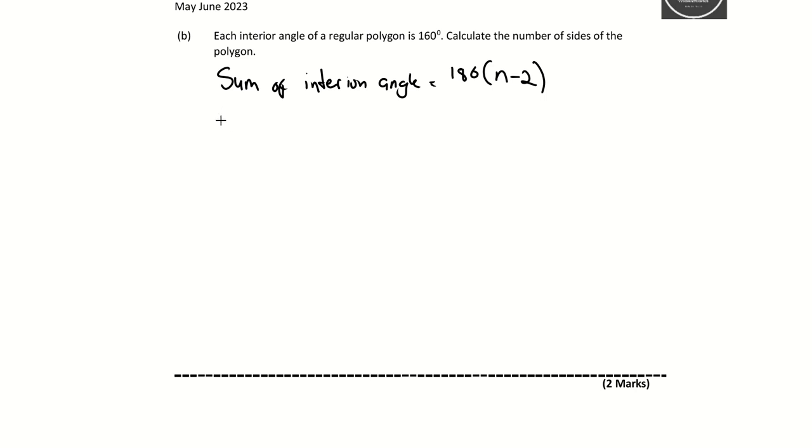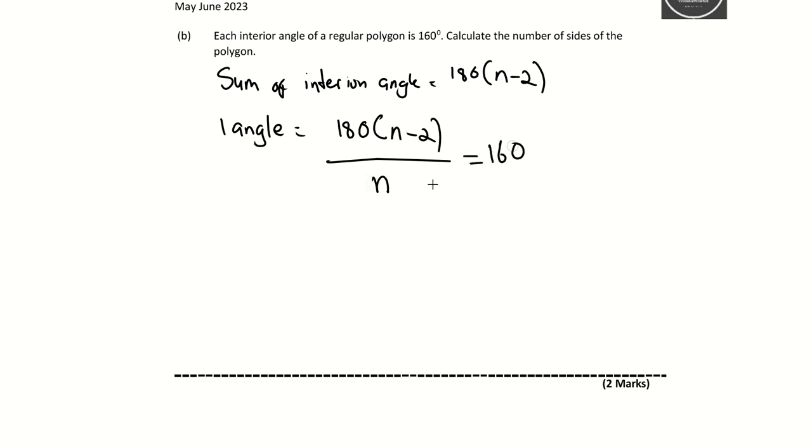We also know that one angle would be, hold on, one angle would be 180 times n minus 2, whatever the sum of interior angles is, divided by the number of sides, which is n, which would give you 160.